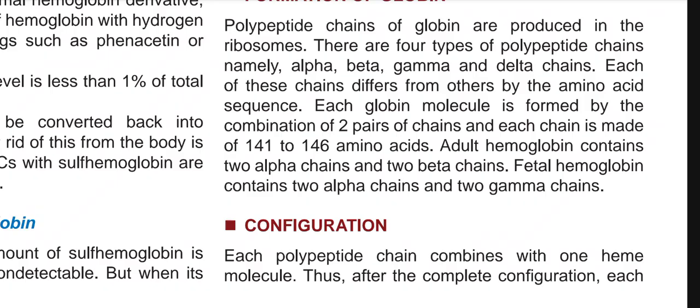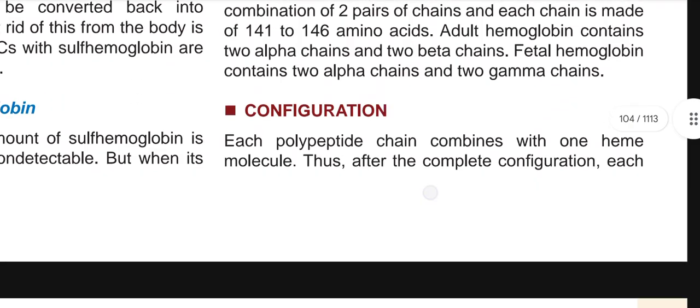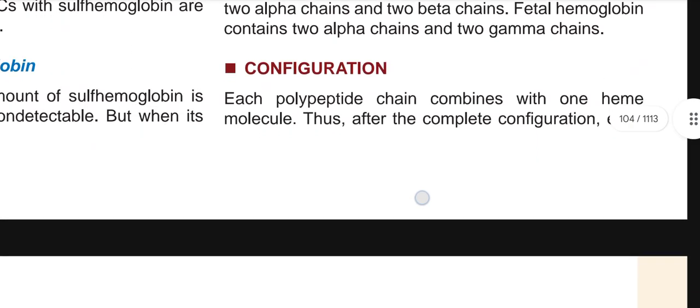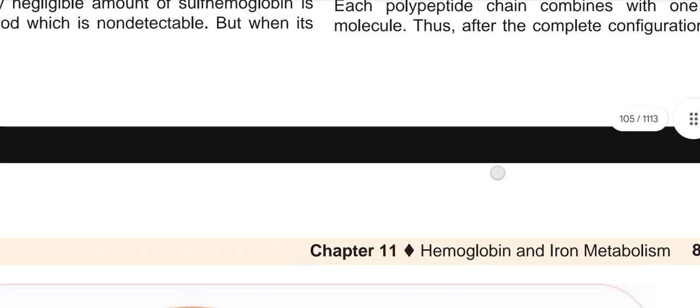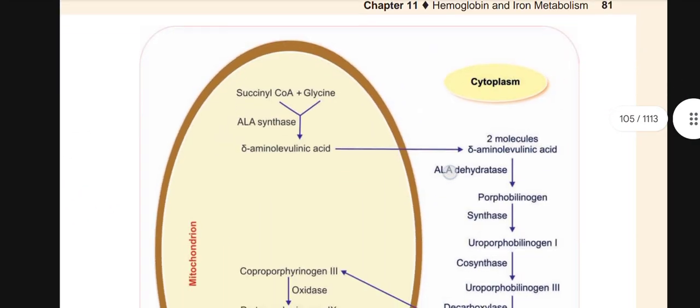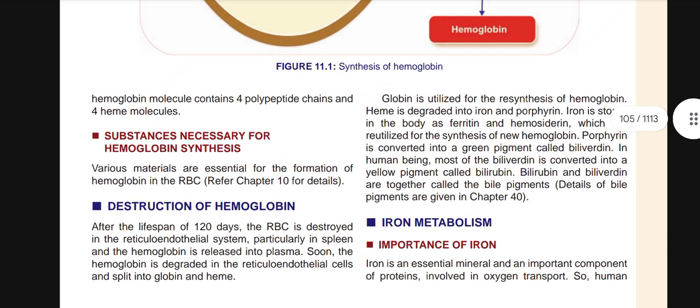Adult hemoglobin contains 2 alpha chains and 2 beta chains, and fetal hemoglobin contains 2 alpha chains and 2 gamma chains. Now configuration. Each polypeptide chain combines with one heme molecule. Thus, after the complete configuration, each hemoglobin molecule contains 4 polypeptide chains and 4 heme molecules.